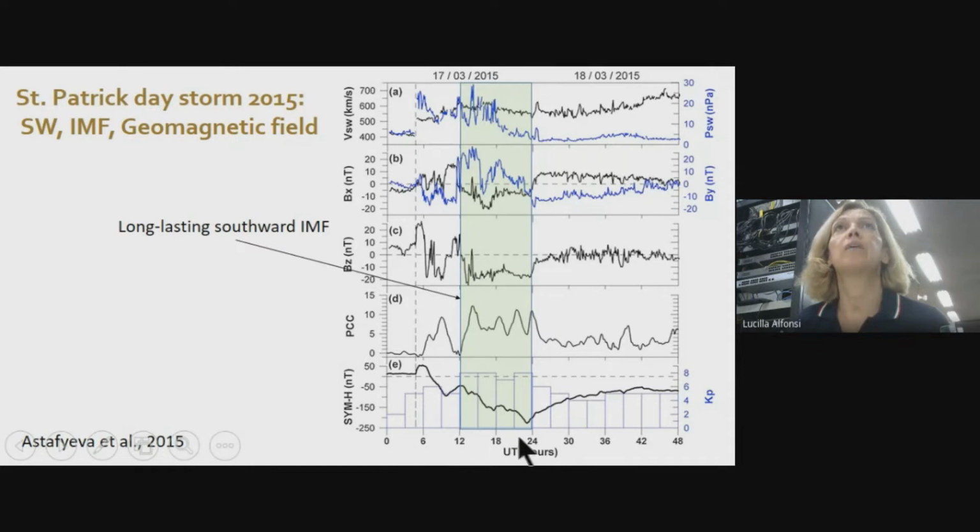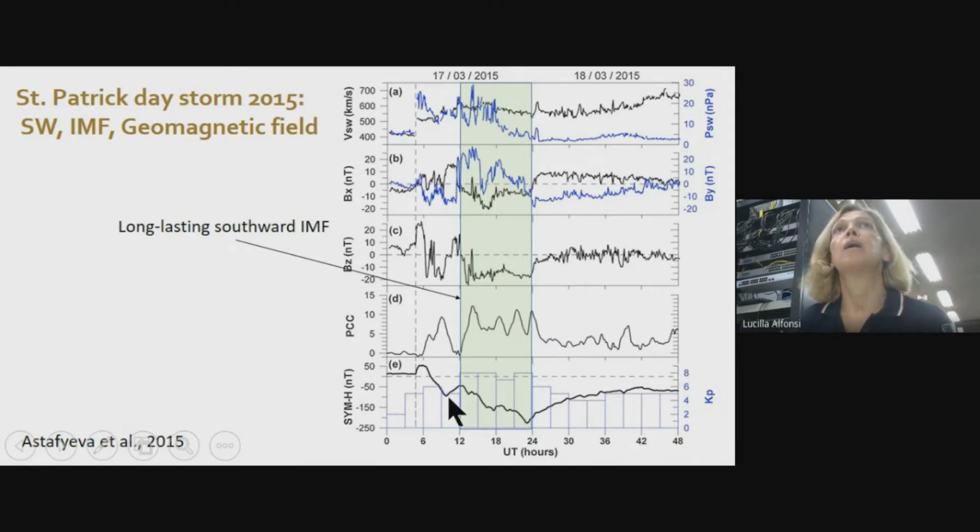So we are looking at about 12 hours of more or less constant southward IMF, so open magnetosphere, that gives an addition of ionization, an addition of additional fields to the geomagnetic field in the opposite direction, so gives rise to a decrease of the horizontal component of the geomagnetic field.